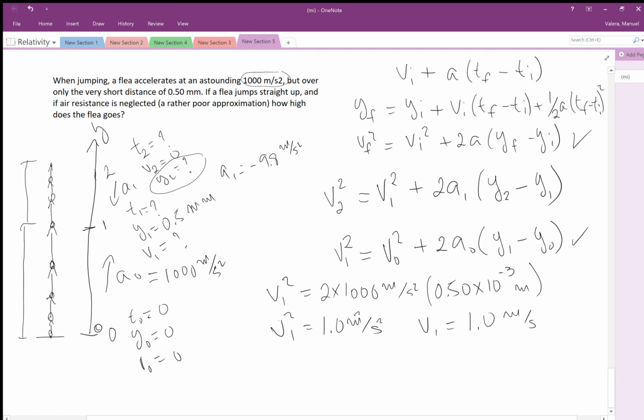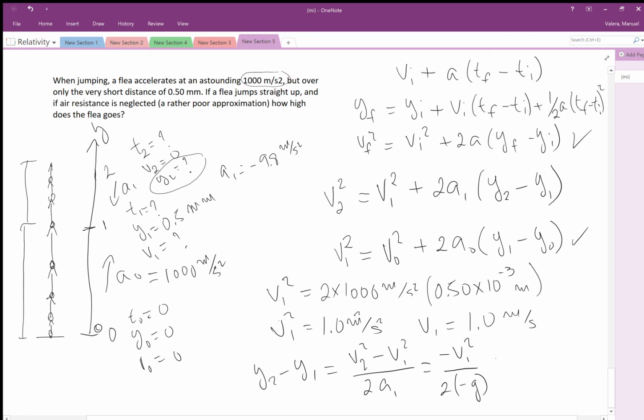So then I can solve for y2, and I get that y2 minus y1 is equal to v2 squared minus v1 squared divided by 2a1, from this equation here. Well, v2 is 0, so I get minus v1 squared divided by 2 times minus g, which is a1.